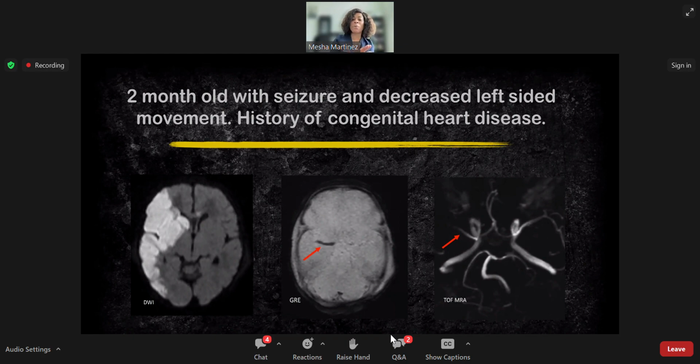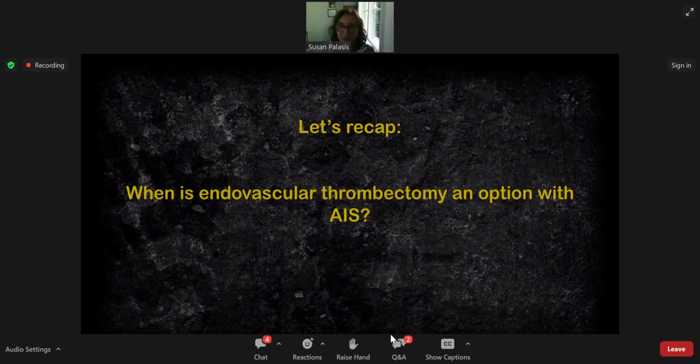So the common teaching is that when we have DWI intensity, this is an example of a completed infarct, but this is not actually the case. And so what can we do to make great decisions? Well, it's all back to those collaterals, y'all. We need to understand what's going on with each patient because not all collaterals are created equal.